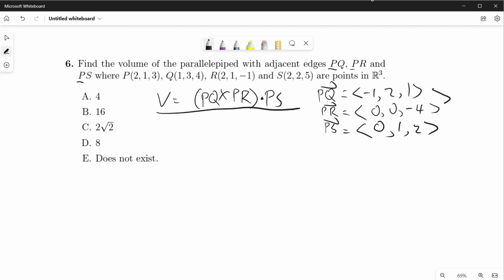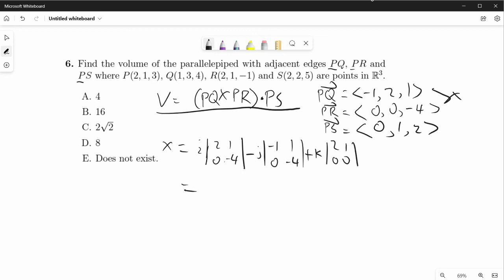Right, so then we want to cross these two. So we have the cross equal to I of 2, 1, 0, -4, minus J of -1, 1, 0, -4, and plus K of the remaining determinant. Then -8i minus, let's see, that's -4, so +4, -4, and then plus 0.